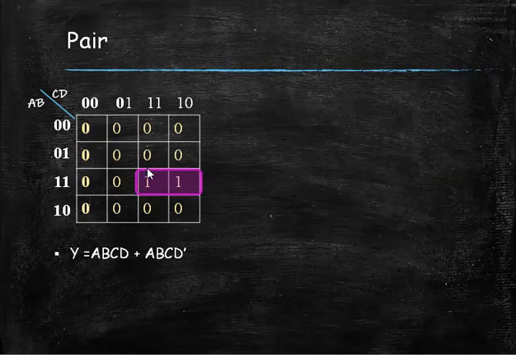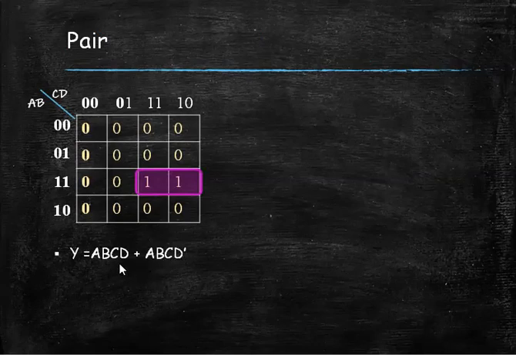The first term is for this one and the second term is for this one: A, B, C, D and A, B, C, D bar.